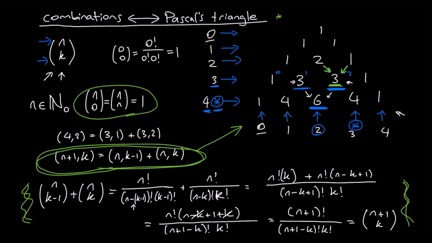So really what we found here is that Pascal's triangle, which is a visual structure that looks nice, if we break it down to an algebraic structure, that structure is combinations. So that is why combinations and Pascal's triangle seem to give us the same information.